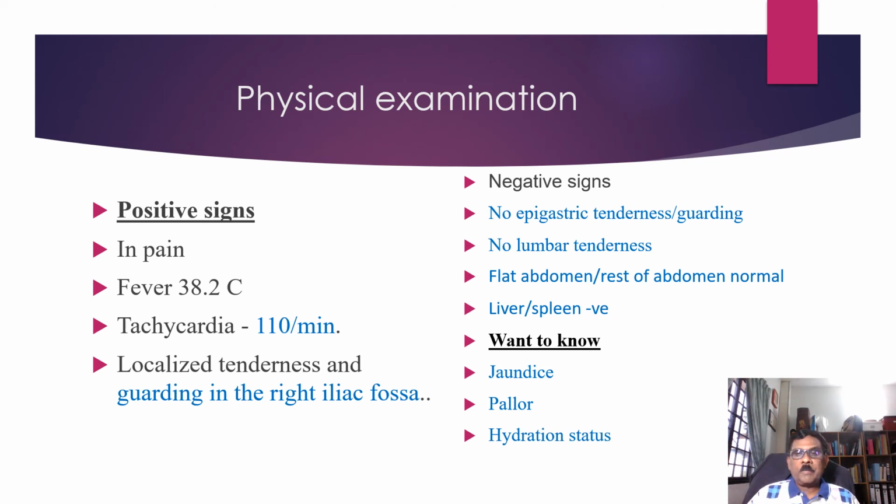Liver and spleen were not enlarged. We want to know a bit more about the other signs: whether he was jaundiced, whether there was pallor, and we would like to know about his hydration status, which are not provided in this case.